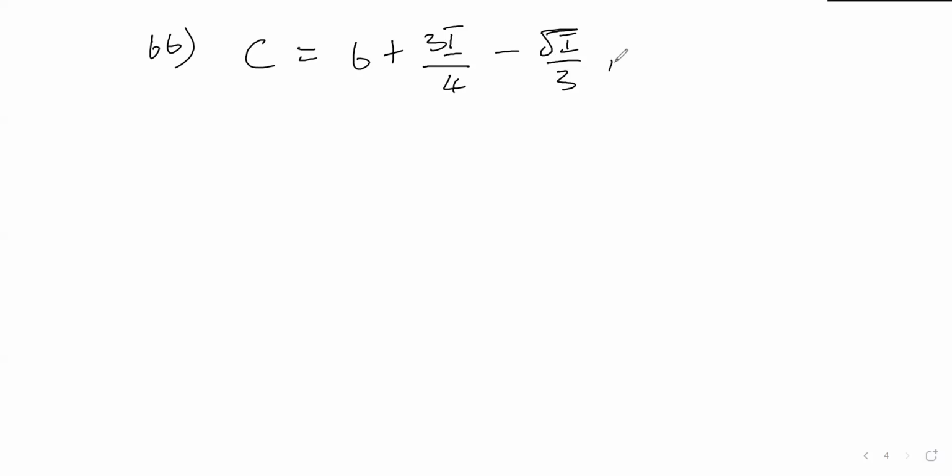Okay, then let's take an example on the consumption functions now. So, that's number 66 in the book: the consumption function for the US in a certain year is given by C equals 6 plus 3I over 4 minus square root of I over 3, where I equals 25.